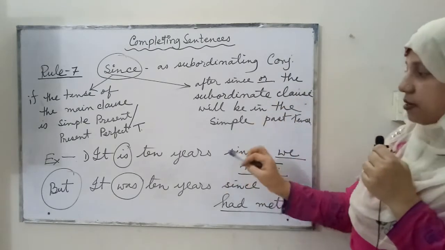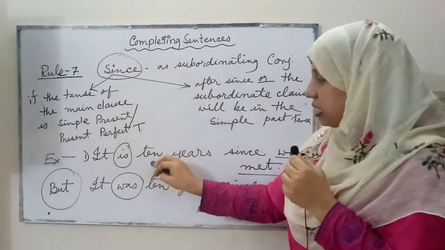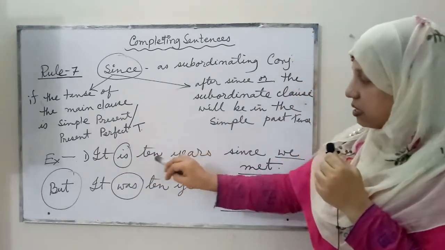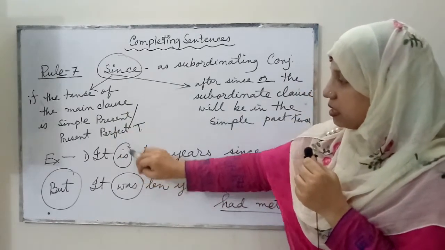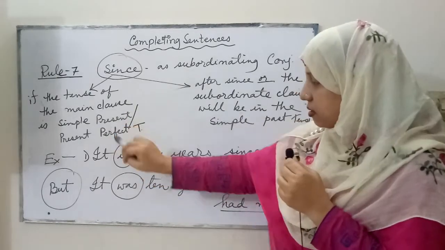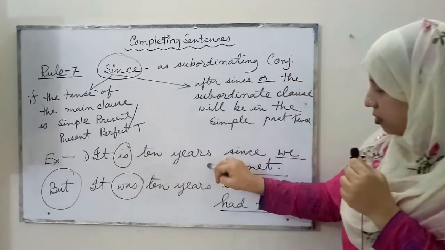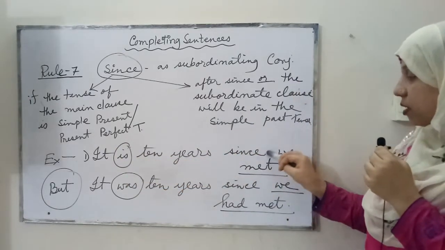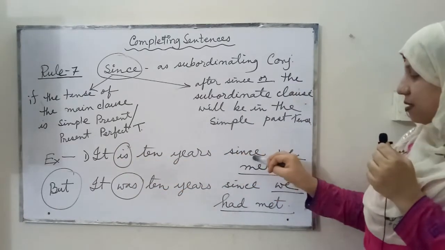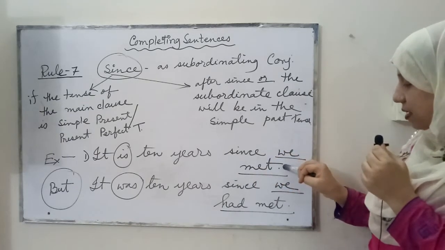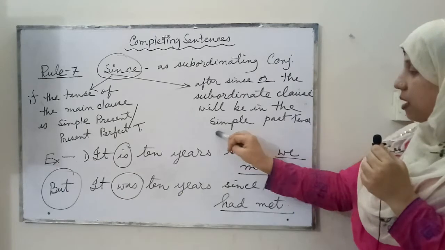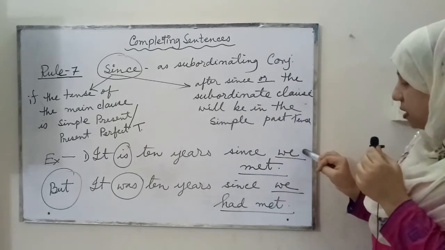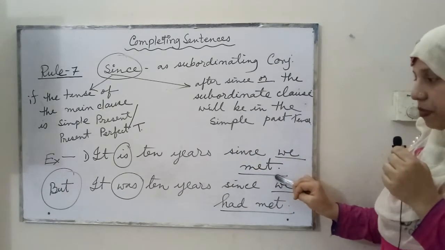Now let's see an example. It is 10 years. This is the main clause, and here the tense is simple present tense. It is 10 years, and the subordinating conjunction is since. And after since, the clause will be in the simple past tense. That is, since we met.